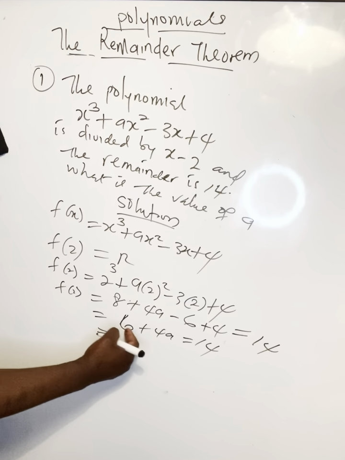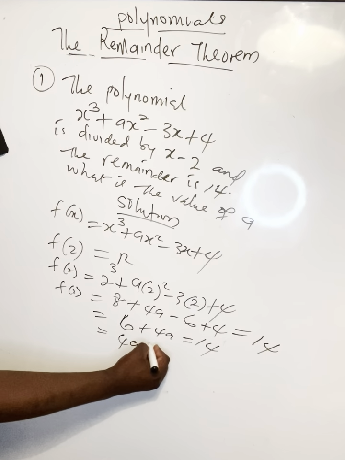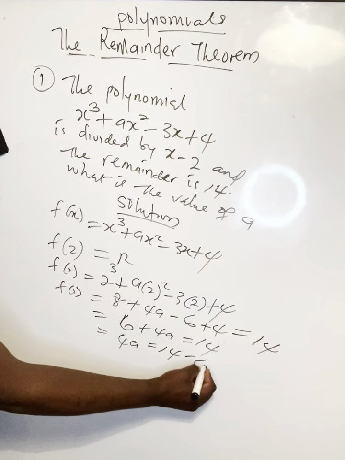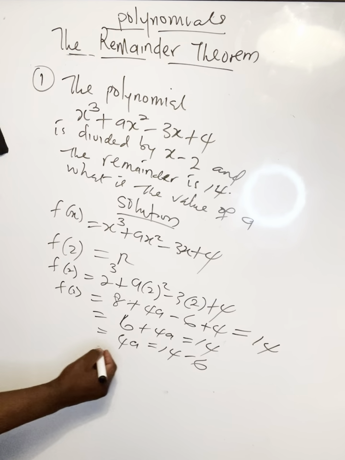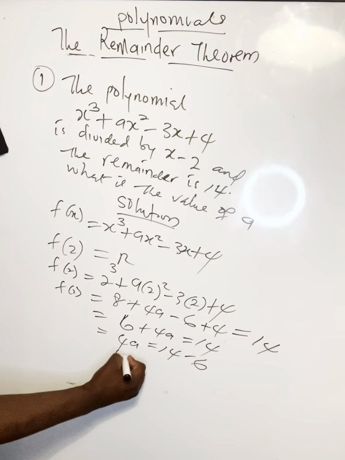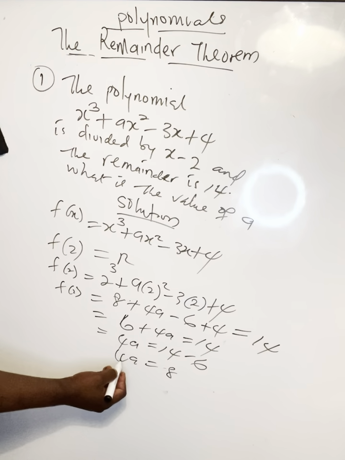Collecting like terms, that is going to be 4a is equal to 14 minus 6. 14 minus 6 is 8, so 4a is equal to 8.